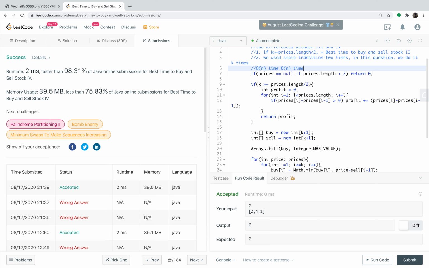So the most general solution of this problem is using dynamic programming.